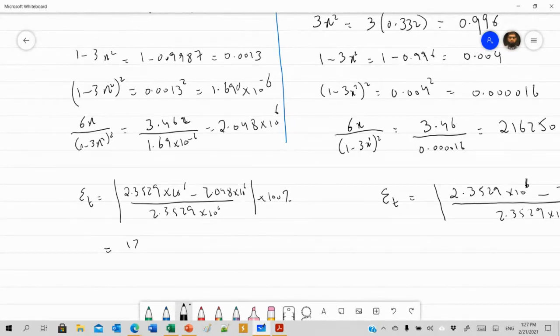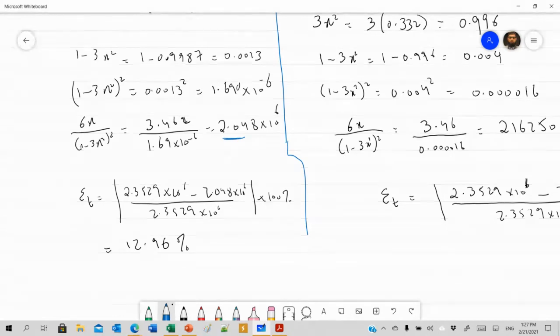And we get 12.96% error. So it's not so bad as the previous one, where we got only 0.2 million. We got 2 point something million, but it's not 2.35 million. So using even 4 digits, we ended up with a 12.9% error.